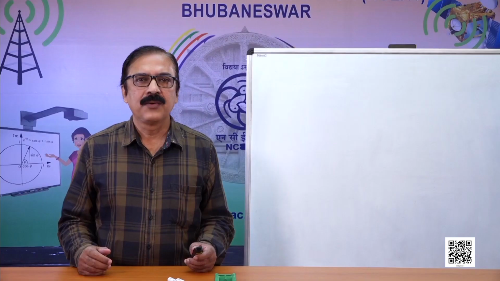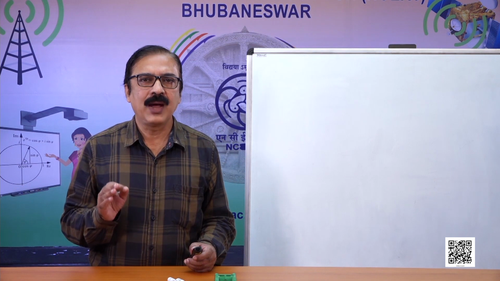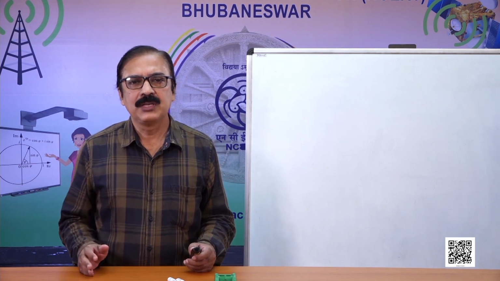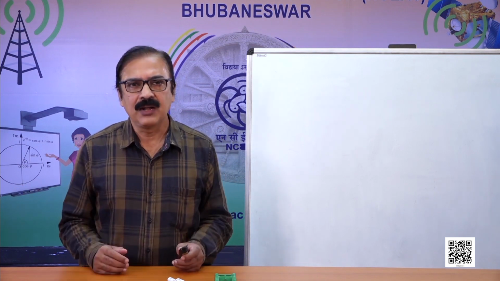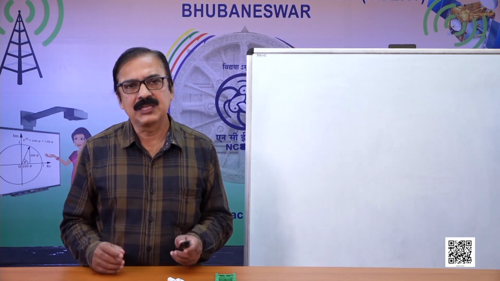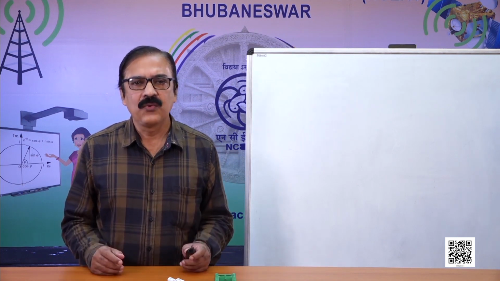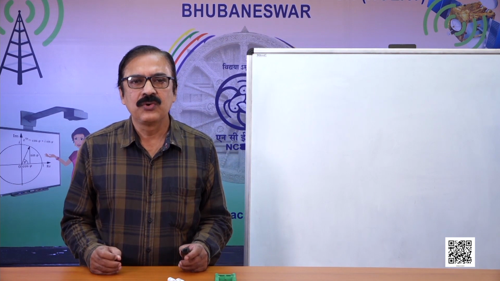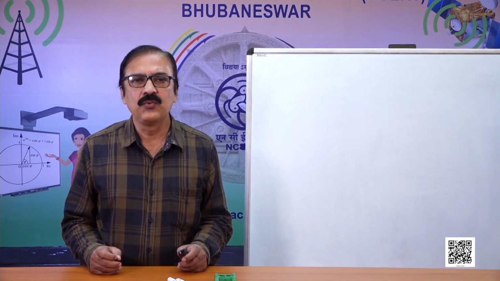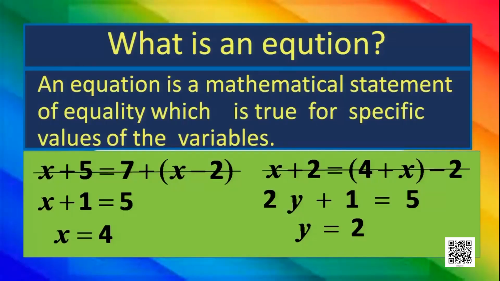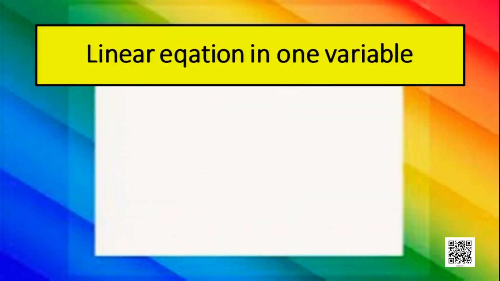That means for the value of y as 2, this statement is satisfied. So we can say y is equal to 2 is the solution of 2y plus 1 is equal to 5.